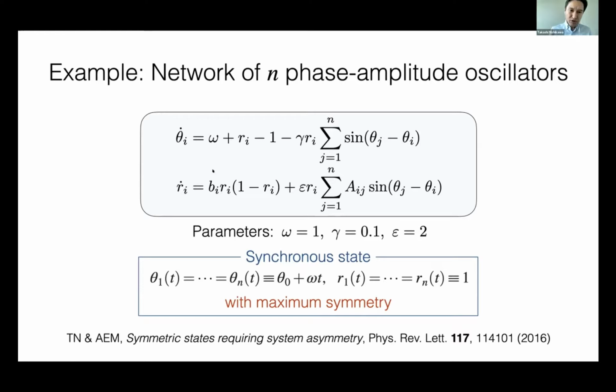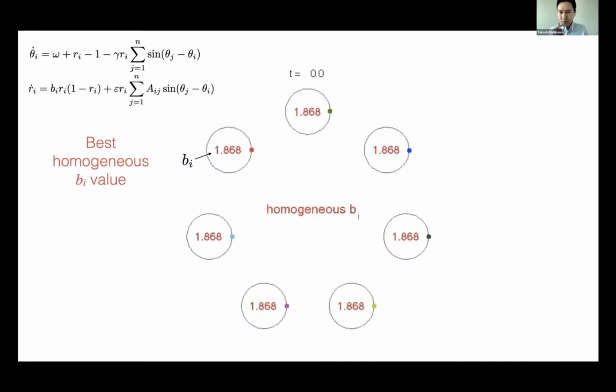And here I'm going to focus on this parameter beta_i, which controls the heterogeneity of oscillators, the symmetry of the system, because the network structure itself is symmetric. Now I'm going to focus on a synchronous state of the system where the angle variables are running at the same speed omega and the amplitudes are all equal to 1.